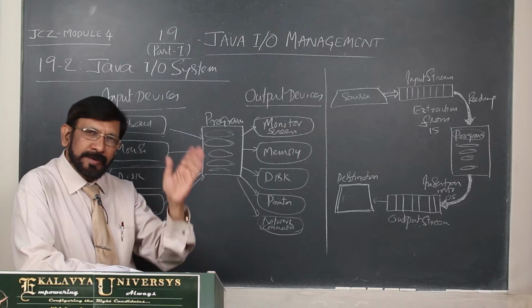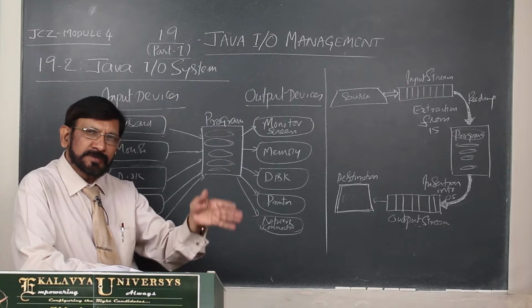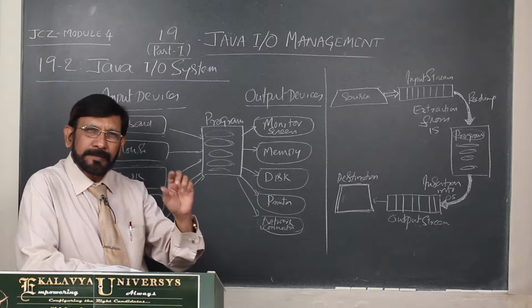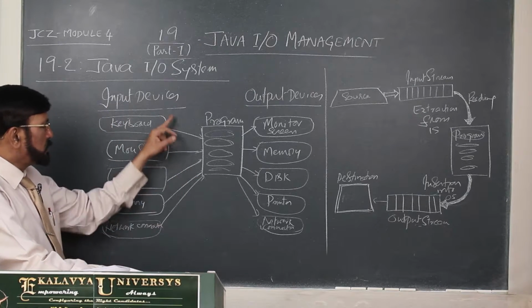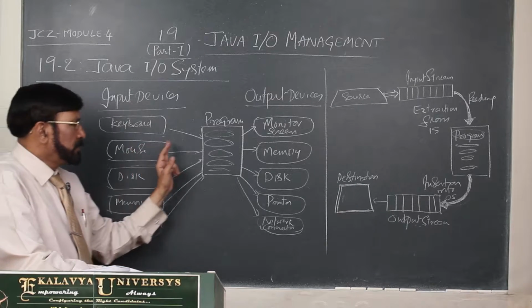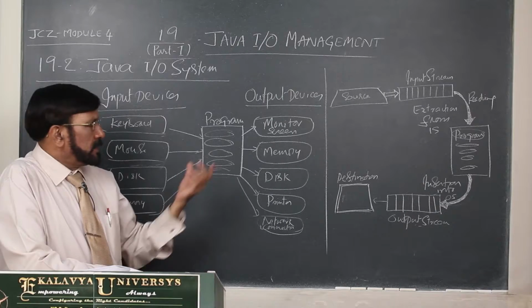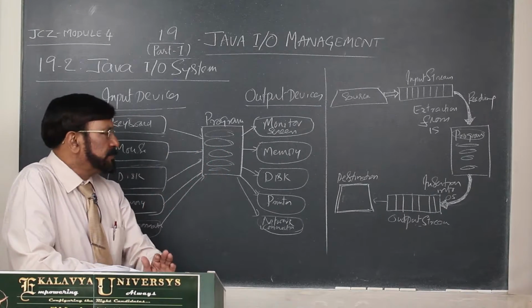IPO: it takes input, processes the input data, and gets the output ready, that is, the result. So these are all input streams. By that, from all these devices, the input is transmitted to a program, and then the program is in a position to process it and generate a result.